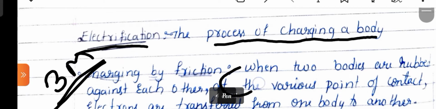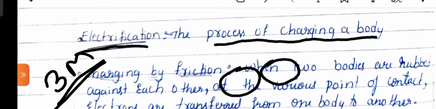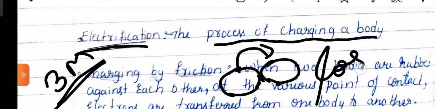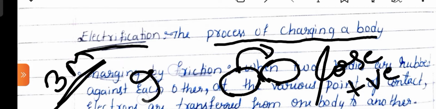For charging by friction, first we have to consider 2 bodies. We rub them against each other at some point of contact. The electrons from one body are transferred to the other body. The body which loses electrons is positively charged, and the one which gains electrons is negatively charged.